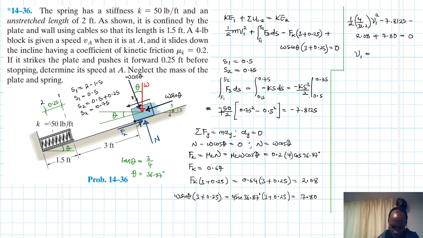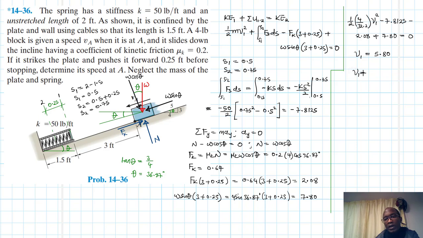And then taking the square root of the answer, we find 5.80. Let's repeat this once more. Minus 7.8125 minus 2.08 plus 7.80, then divided by 0.5 times 4 divided by 32.2, and the square root of that is 5.80.